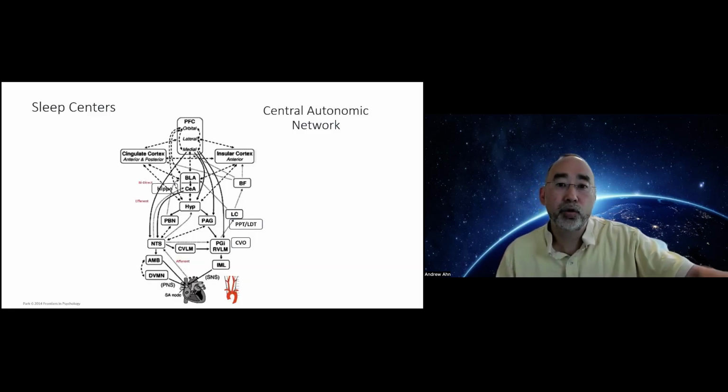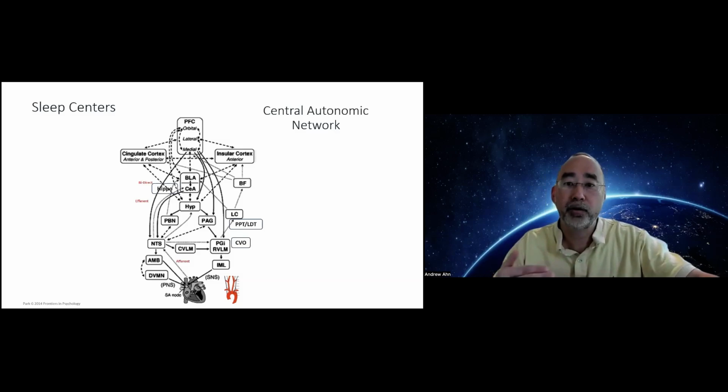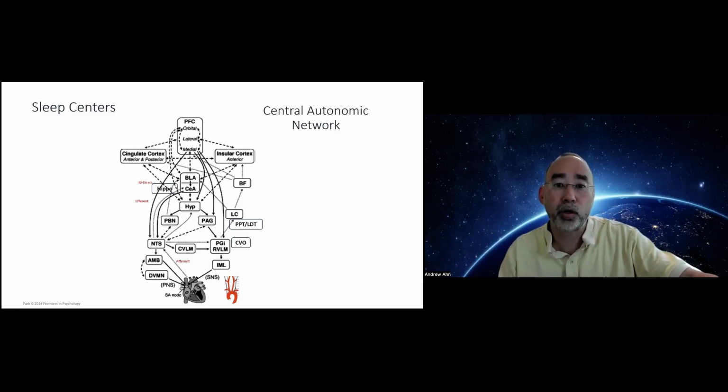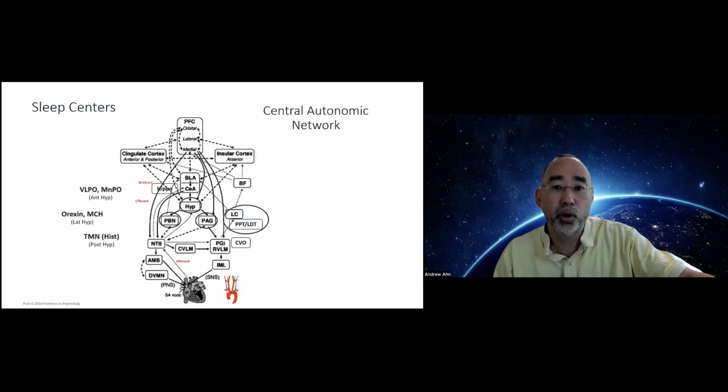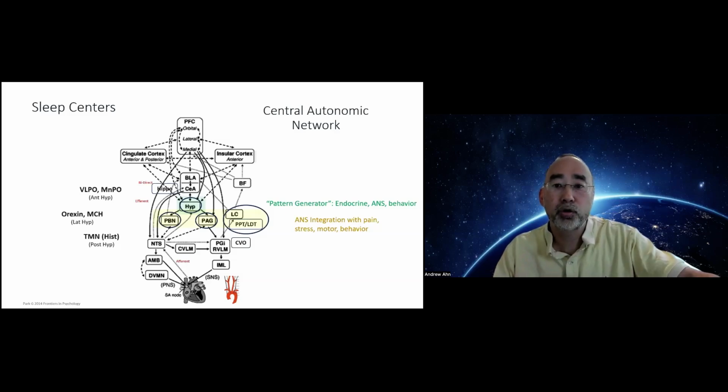And so this slide illustrates the connection between our sleep centers and a broader central autonomic network, as explained by the neurovisceral integration theory. As you can see, sleep centers are primarily located in the hypothalamus, midbrain, and pons regions that are also linked to the stress, motor control, and behavior and the endocrine system.